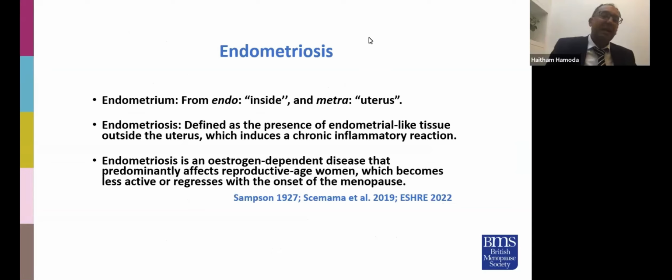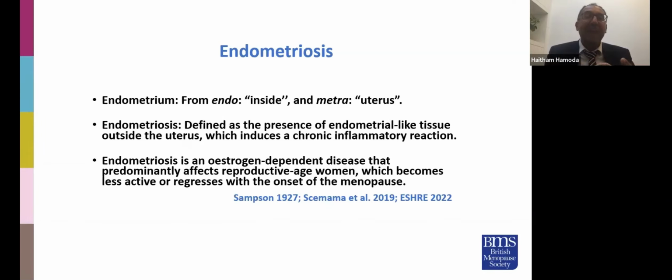So what are we referring to with endometriosis? The term itself is from the Greek and Latin for inside of the uterus, and it basically refers to the lining of the uterus, the endometrium, present outside the uterus. And that tissue behaves in a very similar way to the endometrium. In response to hormonal stimulation, as hormone levels drop towards the end of the menstrual cycle, that tissue behaves like the endometrium: it bleeds.